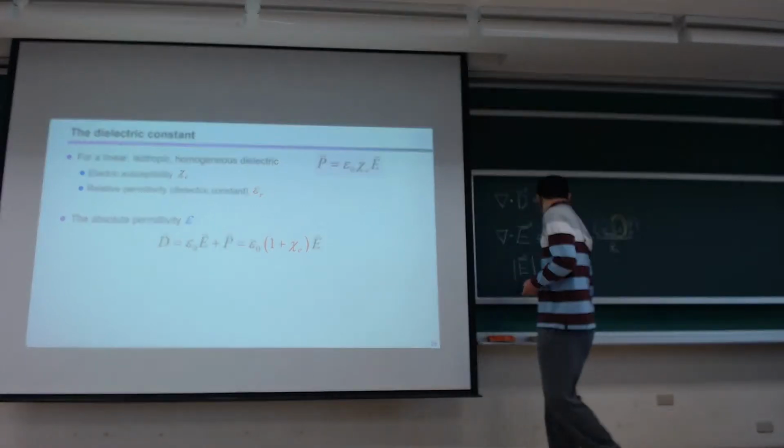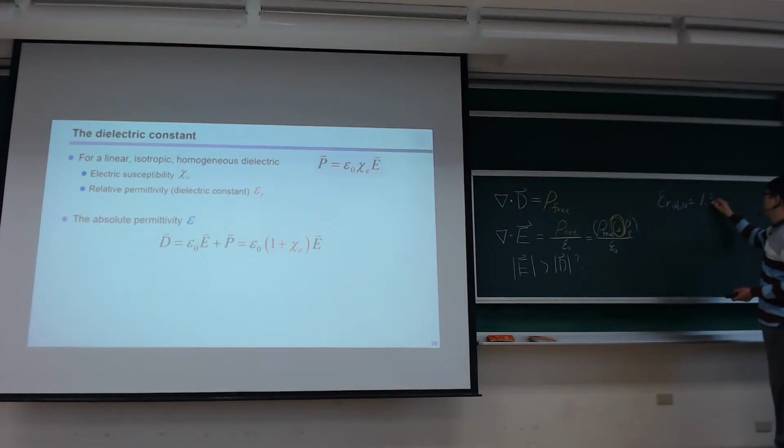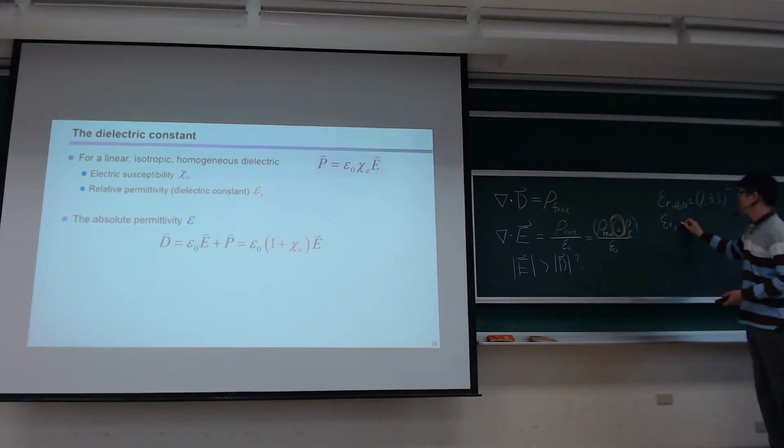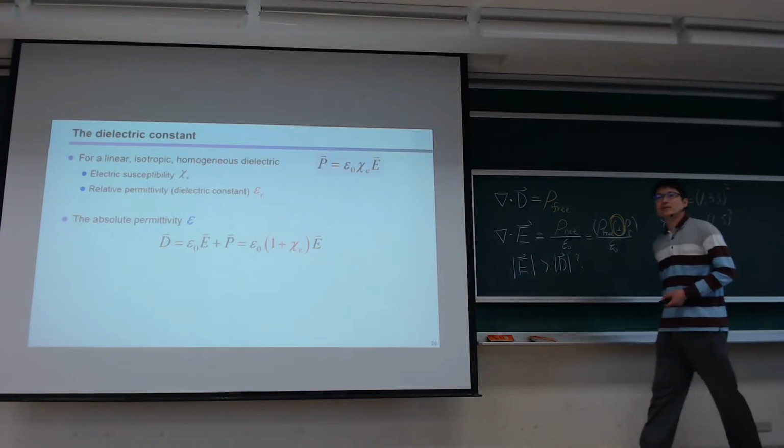For example, for water, epsilon relative H2O is 1.33 squared. Epsilon r for glass is roughly 1.5 squared. Okay?